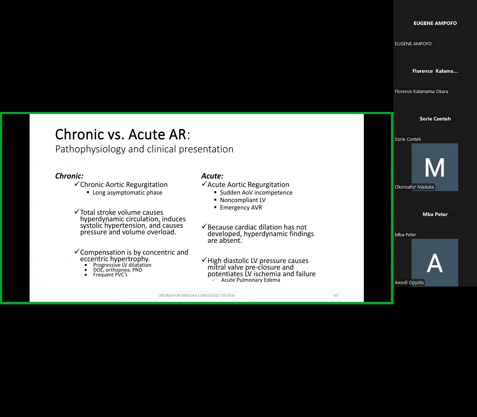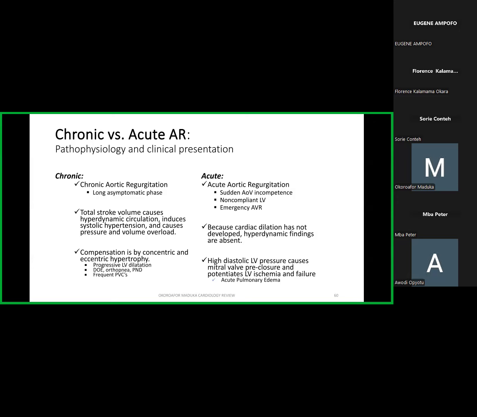A similar thing is what we'll find in chronic aortic regurgitation, but in these patients, there is compliance. So it's something that takes a while, and within this time, the left ventricle dilates, and then it can contain much more blood.